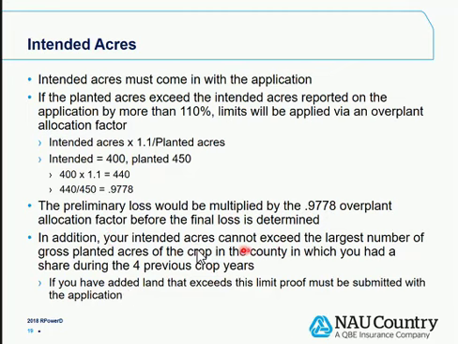You also note that the 10 acres cannot exceed the largest number of gross planted acres in the county in which you have had a share during the 4 previous crop years. If you have added land that exceeds this limit, proof must be submitted with the application. So we'll work with you on a case basis, and we can make exceptions. But without added land, this rule applies.